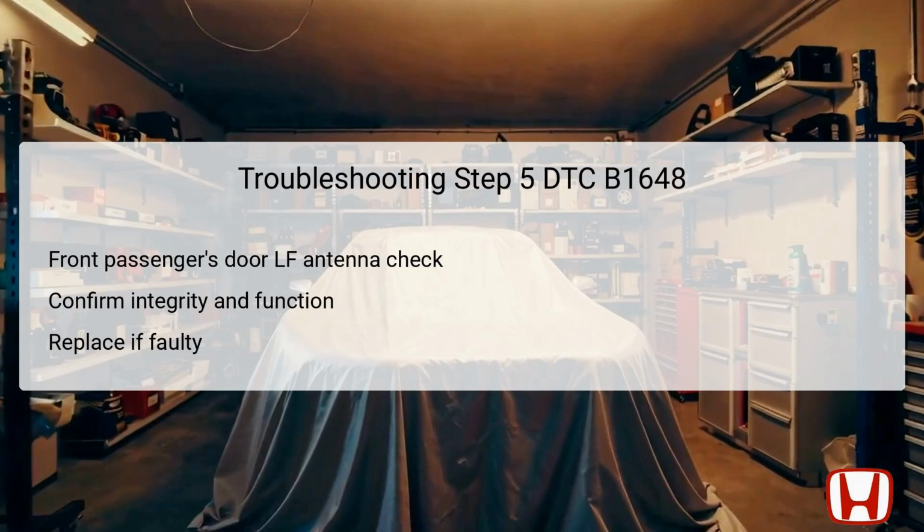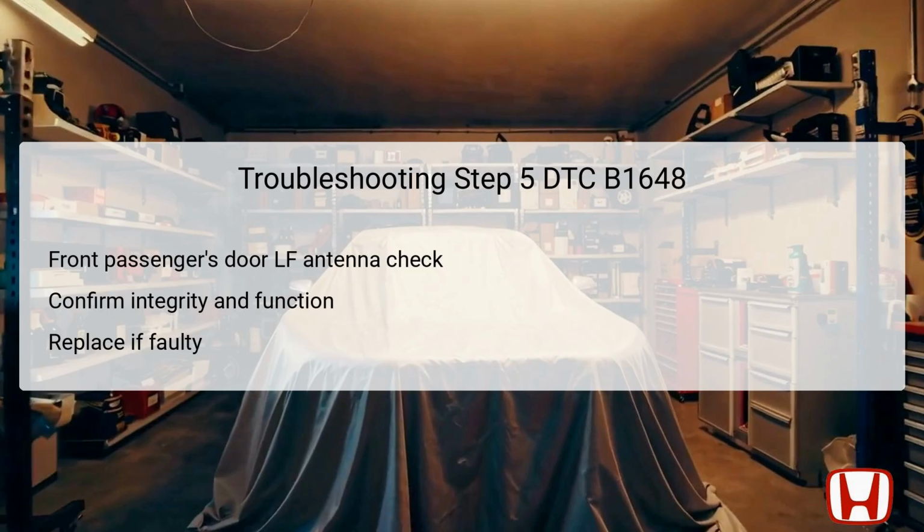Finally, if all preceding inspections point to functioning conditions, it is time to assess the front passenger's door LF antenna itself. This inspection focuses on confirming its integrity and operational capability. If defects or malfunctions are found, replacing the antenna will likely resolve the issues leading to DTC B1648.